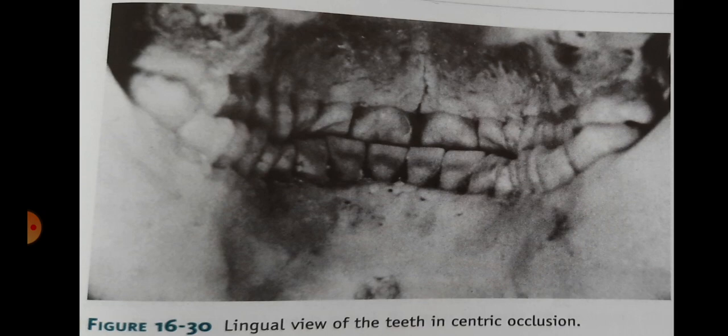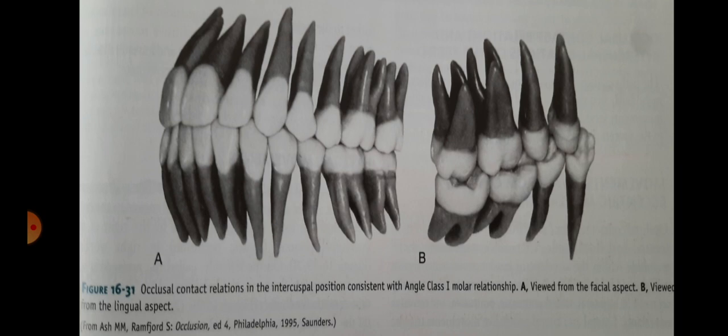Figure 16.31 shows occlusal contact relations in the intercuspal position consistent with an Angle class I molar relationship. Picture A is viewed from the facial aspect, and picture B from the lingual aspect.